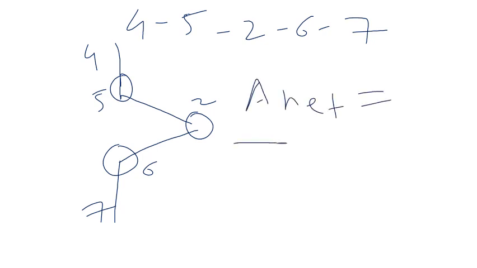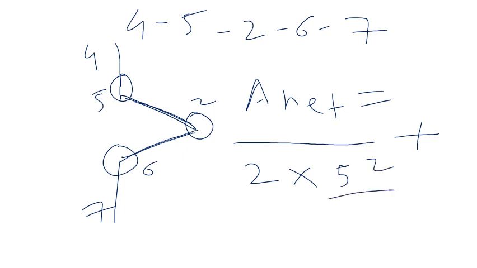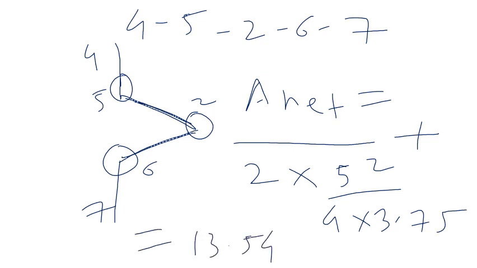The rest of the terms will be the same, only we have to add for the two staggered, which is this one and this one. So it will become 2 into 5 square, the same staggered pitch, and the denominator quantity is 4 into 3.75. So if we calculate, this A net will become 13.54 centimeter square.